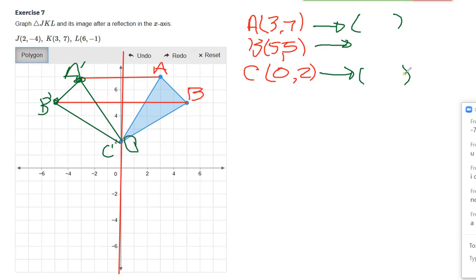What are the coordinates for A prime? Okay, Melanie, you're right. Esmeralda, you're right.